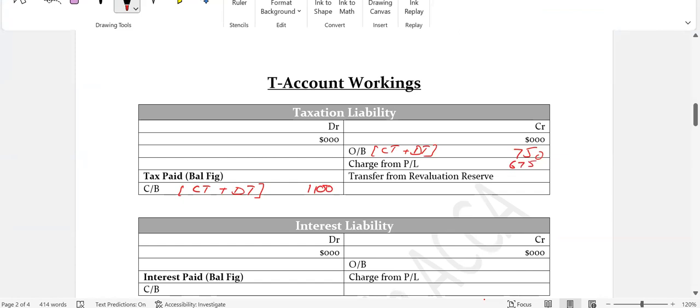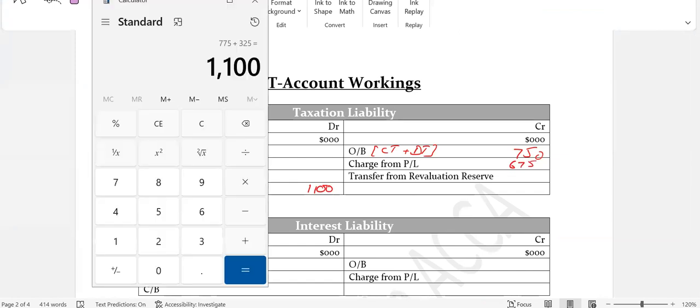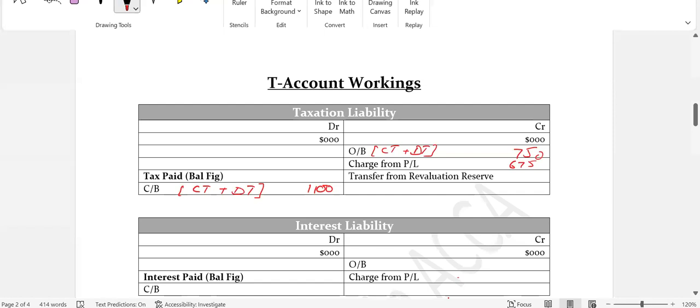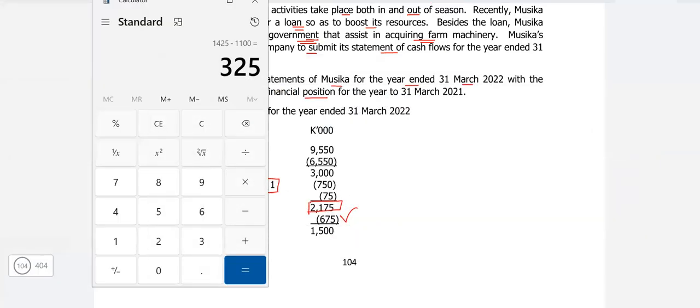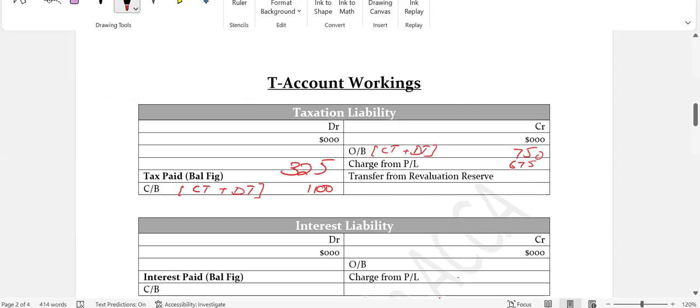Now the tax paid will be calculated as a balancing figure. So 750 plus 675 minus 1100 is 325. This is the tax paid that we will take to the operating activities.